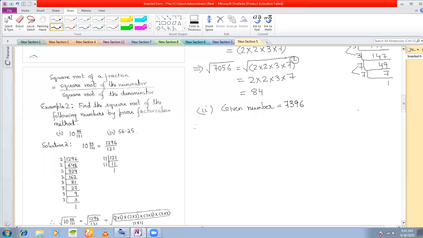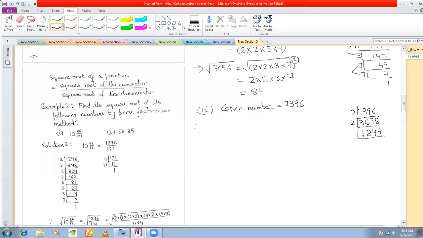Prime factorize this number. 7396 divided by 2 is 3698, and again by 2 is 1849.